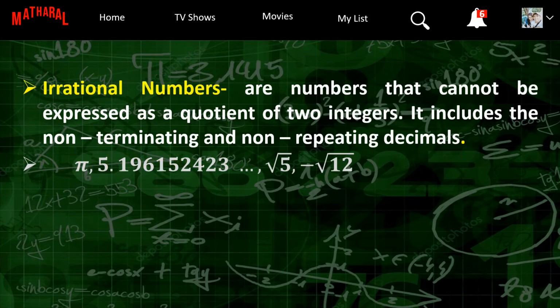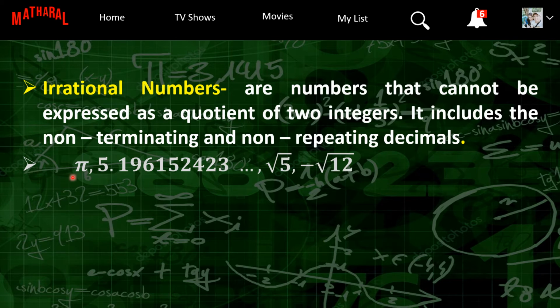If we have rational numbers that can be represented as fractions, we also have irrational numbers. Irrational numbers are numbers that cannot be expressed as a quotient of two integers. It includes the non-terminating and non-repeating decimals. So these are the samples of irrational numbers.